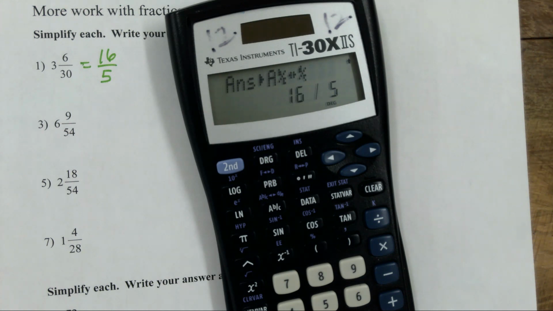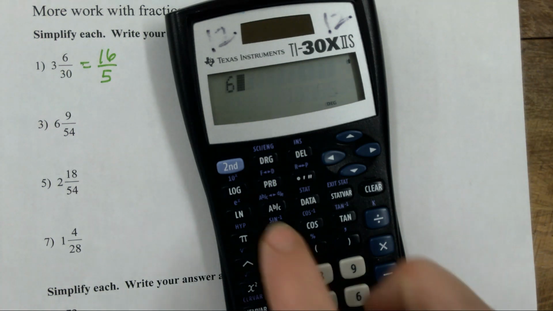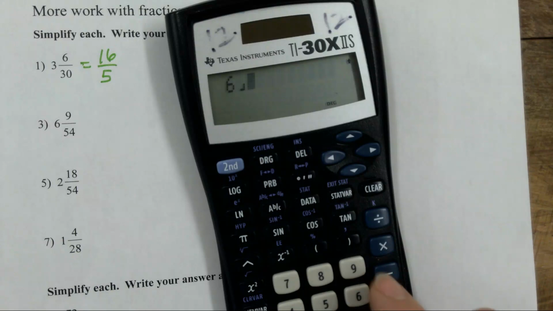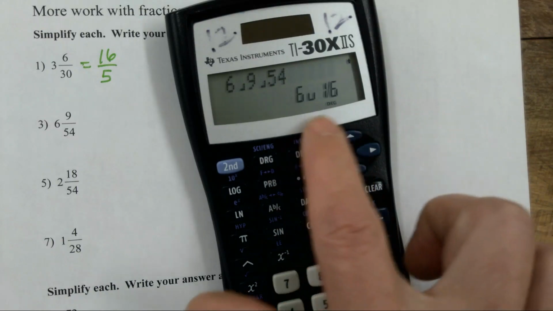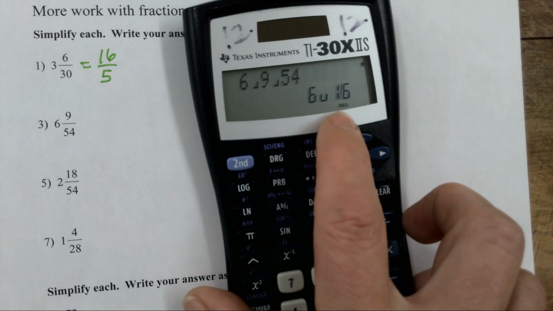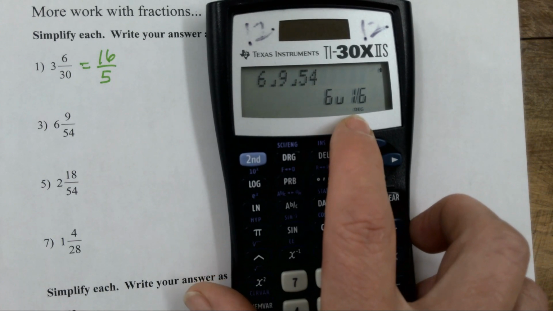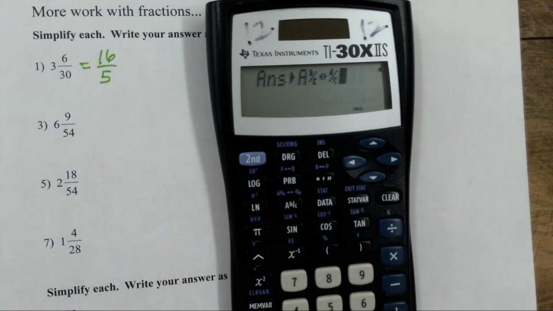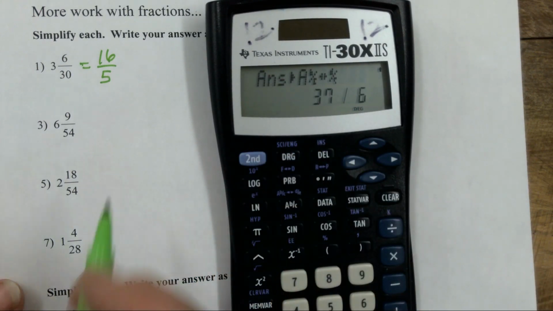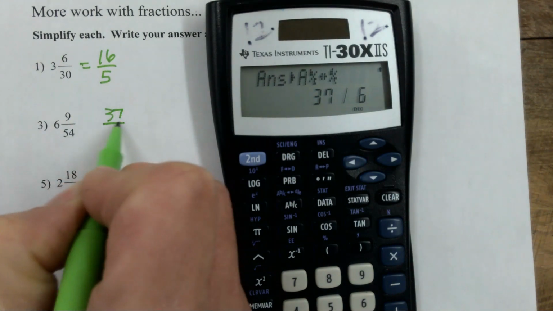So let's do the next one. I enter 6 fraction 9 fraction 54, hit equals. It'll put it as a mixed number. Mine puts it as a mixed number right away. And then I want to convert it to improper. So I go second fraction equals, and we're looking for 37/6.